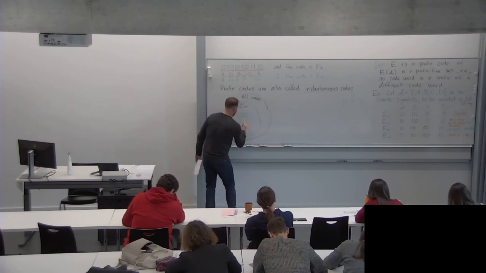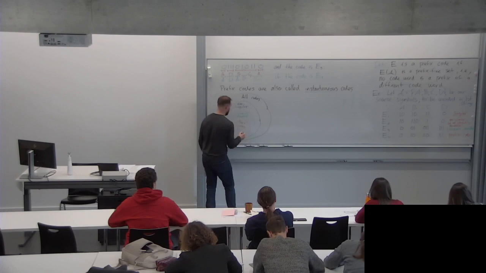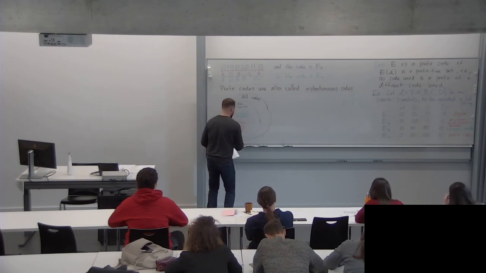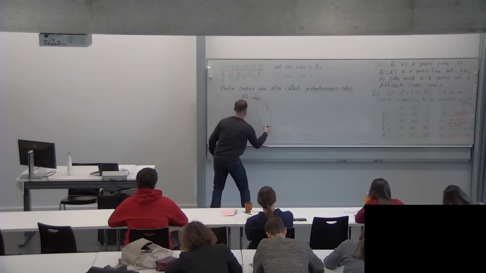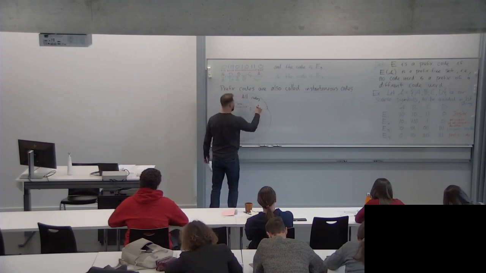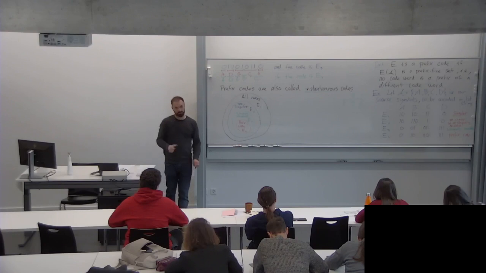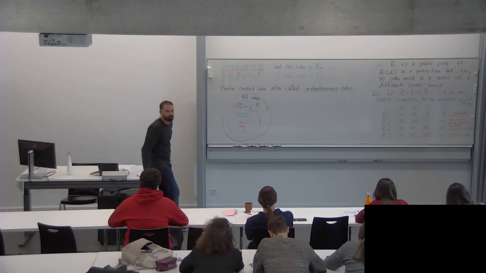And as a subclass of them, you have prefix codes. Like E4 was here, E3 was here, E2, and E1 is here.